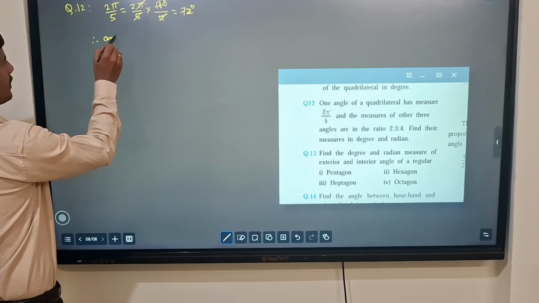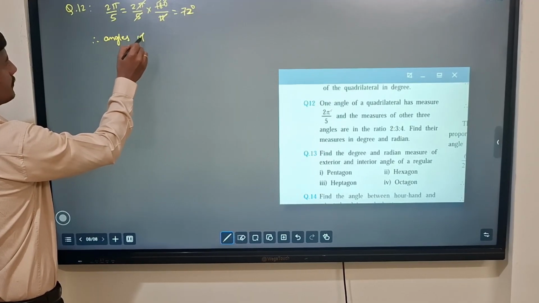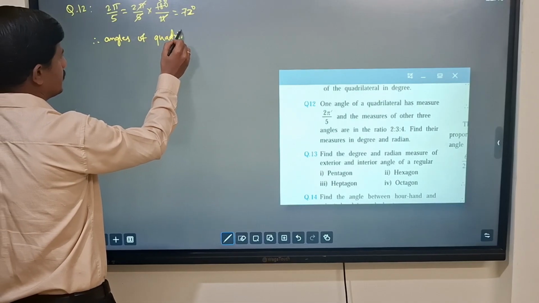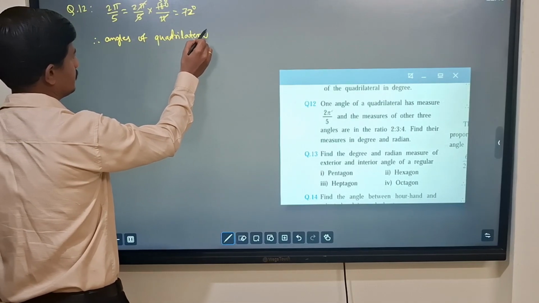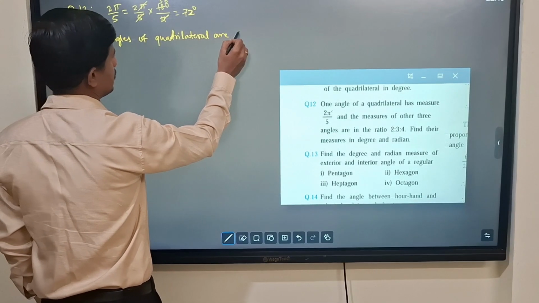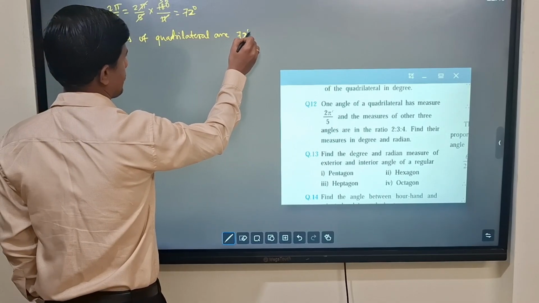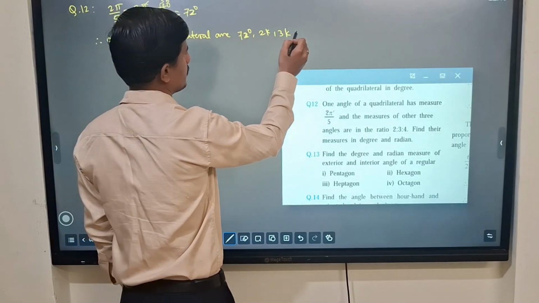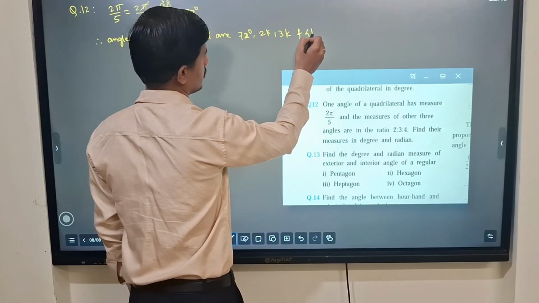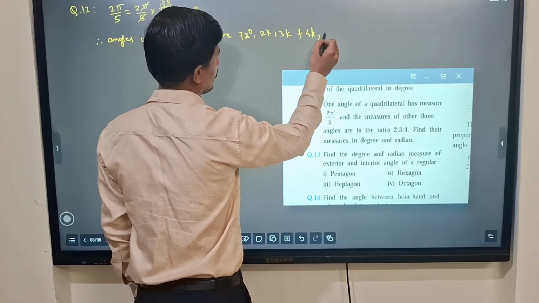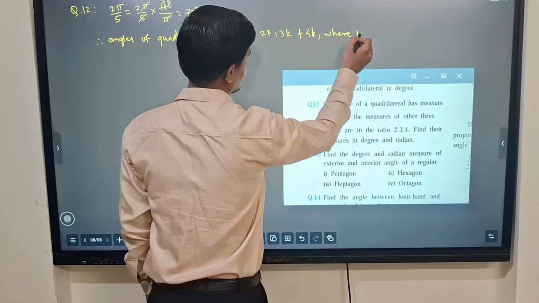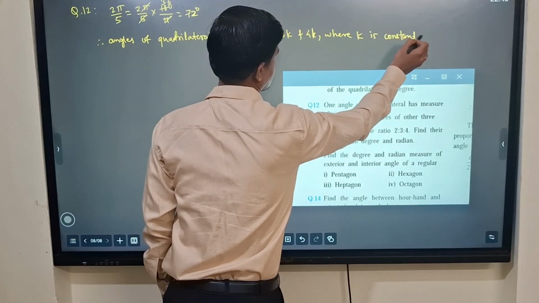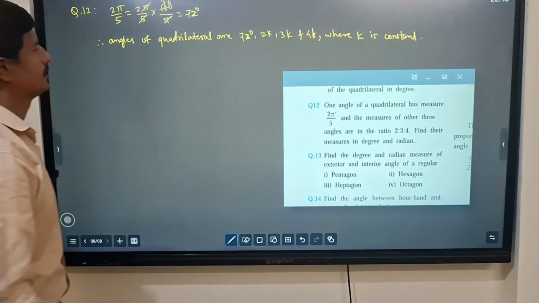Therefore, angles of quadrilateral are 72 degree, then 2k, 3k and 4k, where k is constant.